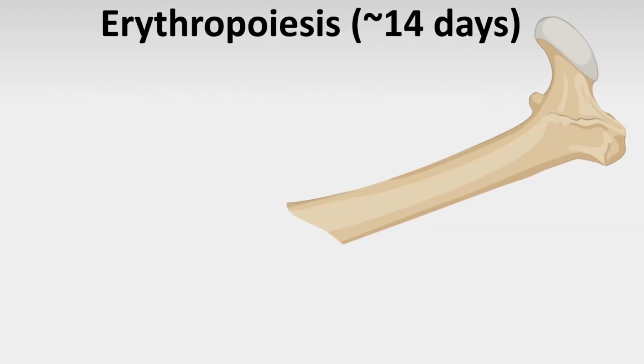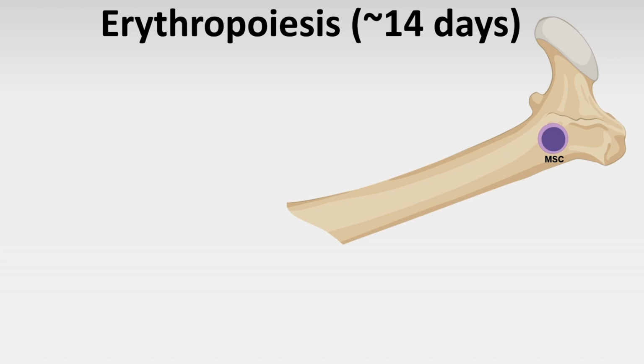Alright, let's get started. When it comes to erythropoiesis, we are talking about a process that takes about 14 to 21 days. It's a process that takes place inside the bone marrow itself. And it all starts with, as you have learned from your hematopoiesis lecture, the myeloid stem cells.